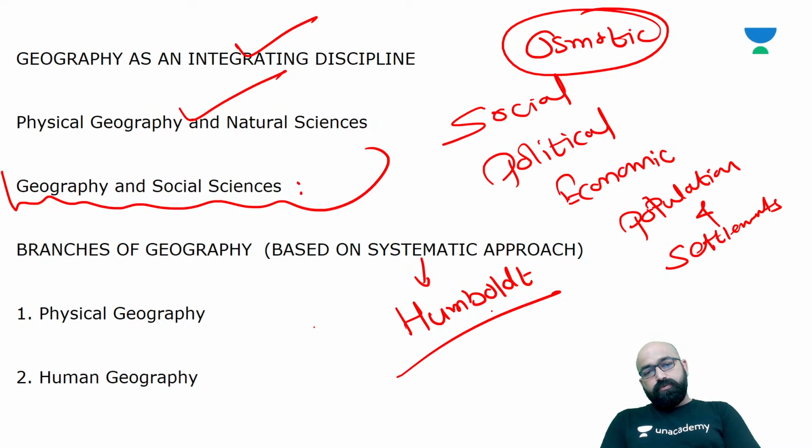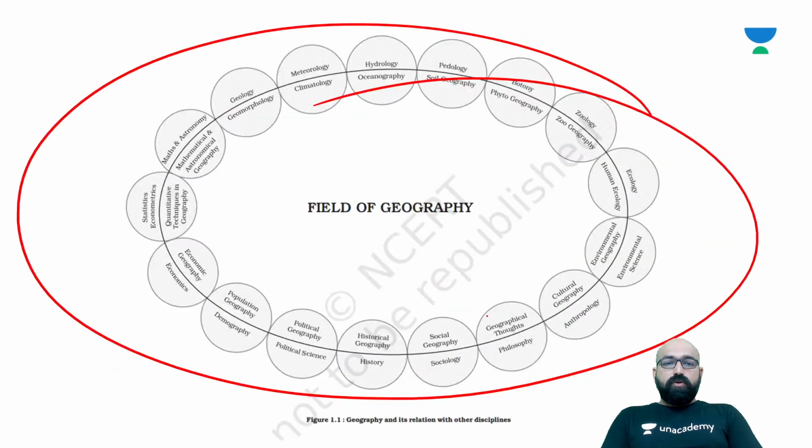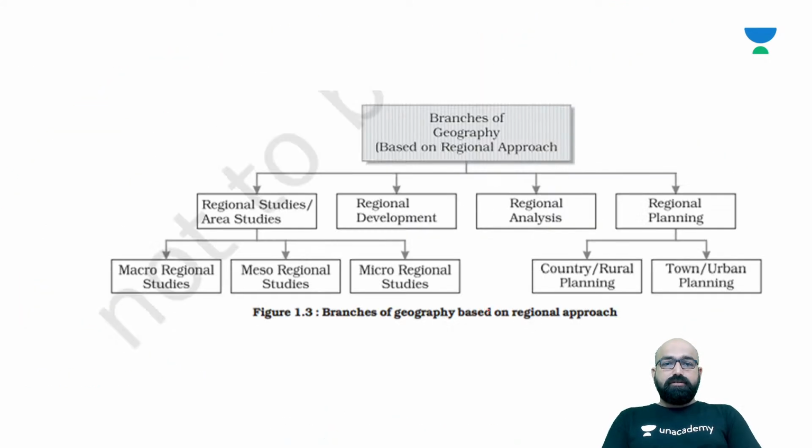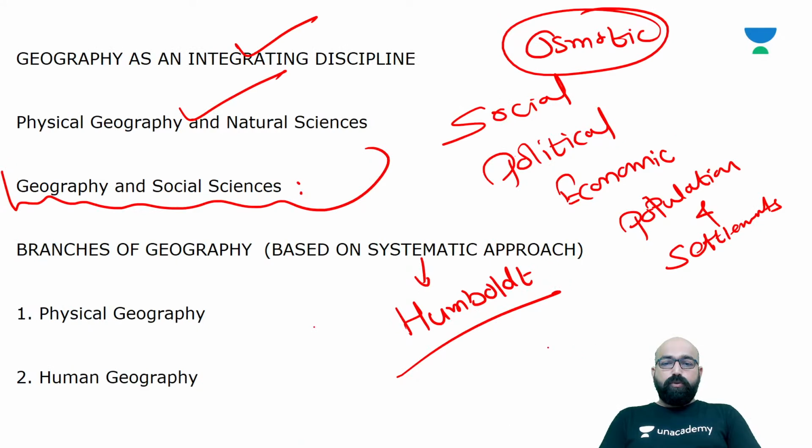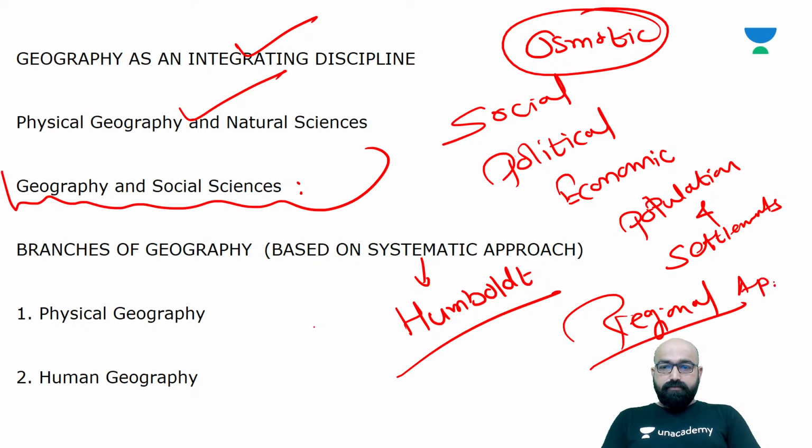Humboldt described the systematic approach, whereas the regional approach was discovered by Karl Ritter. So friends, these are German geographers.